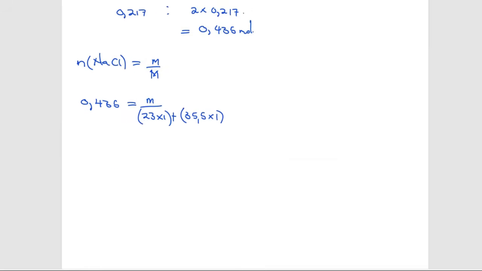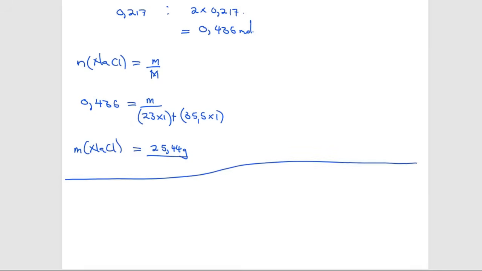So we're going to cross multiply to make M the subject of the formula. So the mass of sodium chloride, the NaCl now, if we cross multiply, 0,435 multiplied by 58,5, I'm getting a value of 25,44 grams, right? So this is the mass that we've been looking for. So with that being said, we are done with that question.